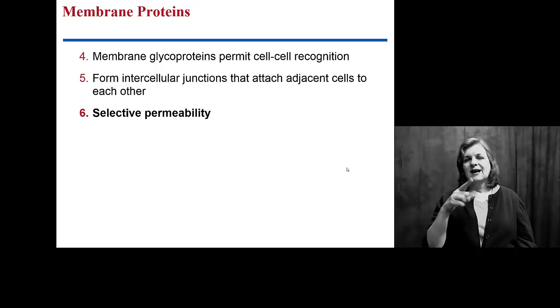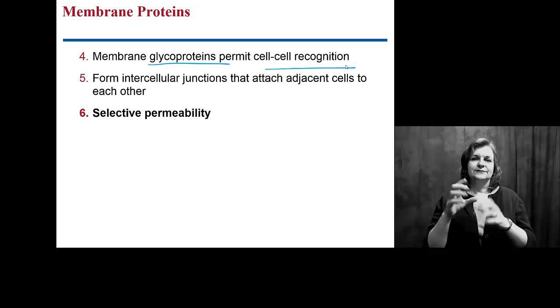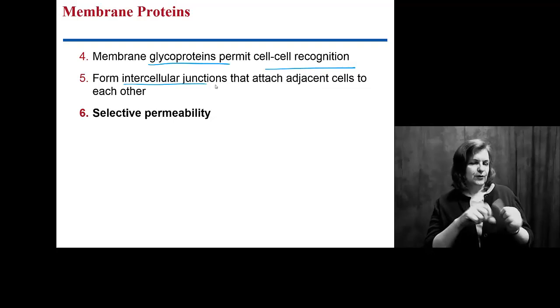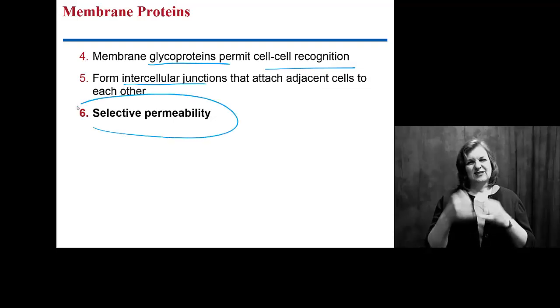We also look at glycoproteins being cell-to-cell recognition, intercellular junctions, so how do you hold cells together, and then this last one is where we're going to spend most of our focus.